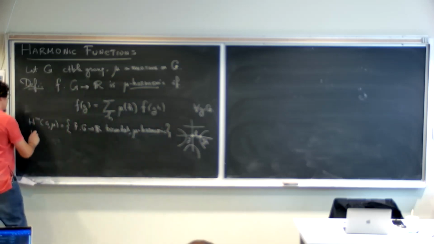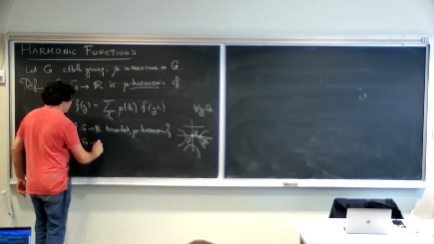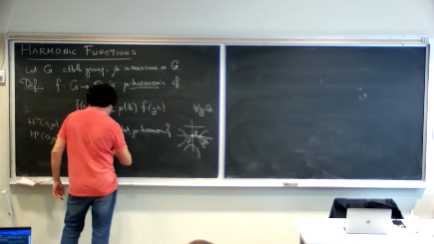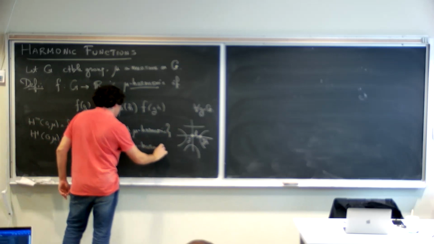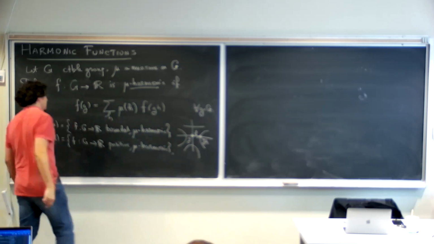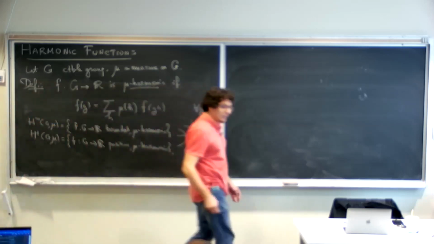And then we have the positive functions H plus of G, mu, which is f from G to R which is positive and mu harmonic. So the constant functions are in this space. The constant positive functions are in this space as well. But sometimes there are more things. But we haven't seen any new things yet. So let's see.